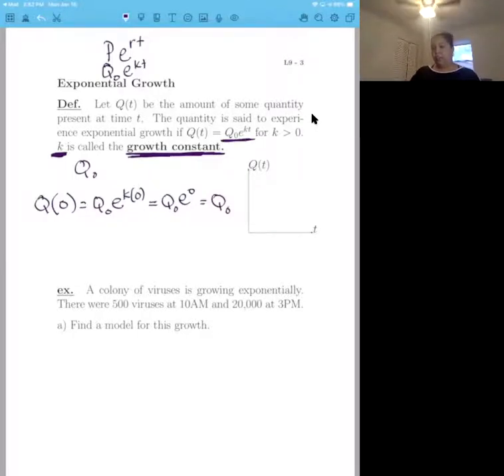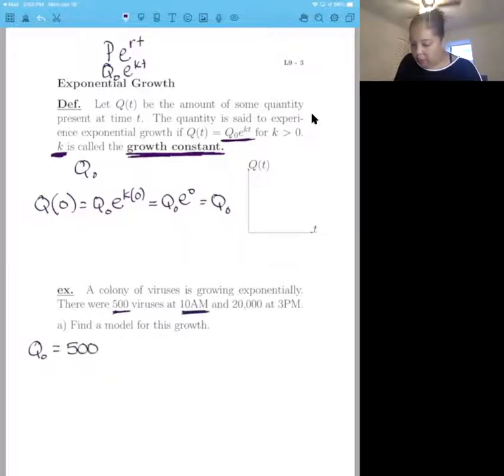All right, so first example: a colony of viruses is growing exponentially. There were 500 viruses at 10 a.m. and 20,000 at 3 p.m. Find a model for this growth. So a virus is growing exponentially, 500 viruses at 10 a.m. So my Q naught, my initial amount, is 500.